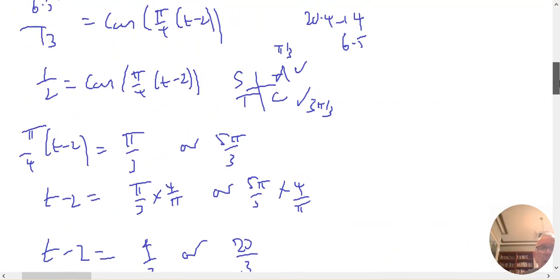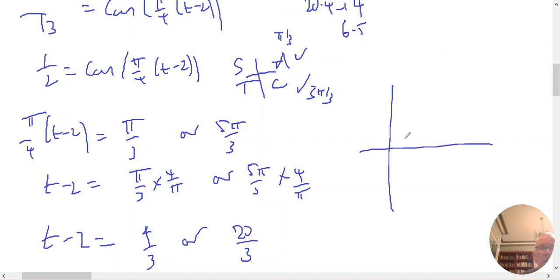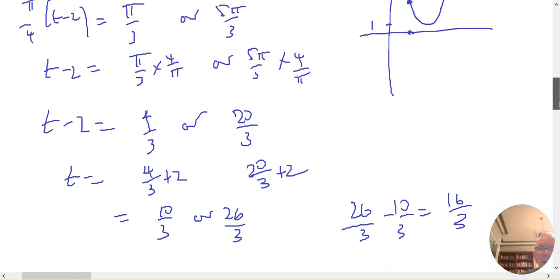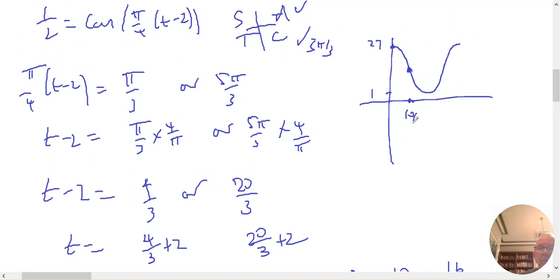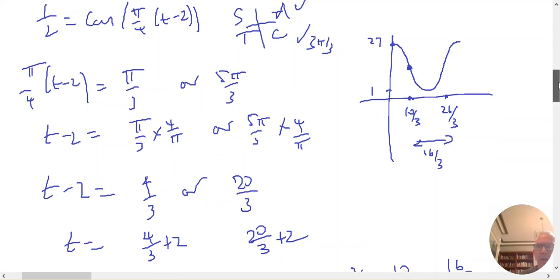So my cosine curve will start up here and will go down to 1 and go back up to 27, and I know that it's equal to 20.5 at 10 on 3 and at 26 on 3. Therefore, for 16 on 3, it is below 20.5.